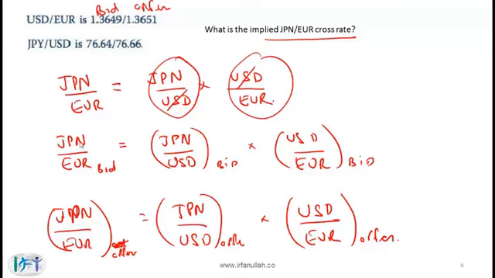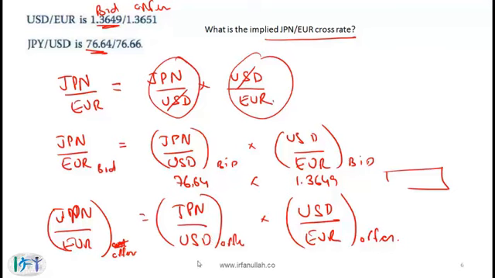So in this particular example, for the Japanese yen to euro bid, we would take the Japanese yen to USD bid, 76.64, multiplied by the USD to euro bid, which is this number, 1.3649. You just multiply these two numbers and you will get the implied bid rate between Japanese yen and euro.